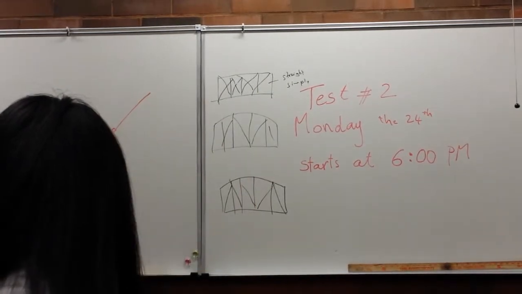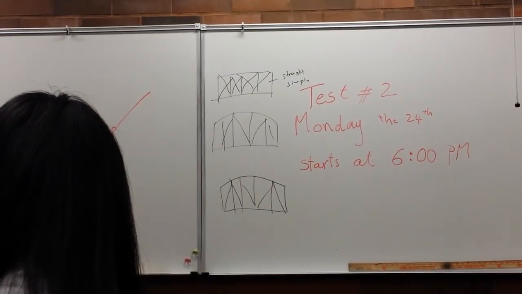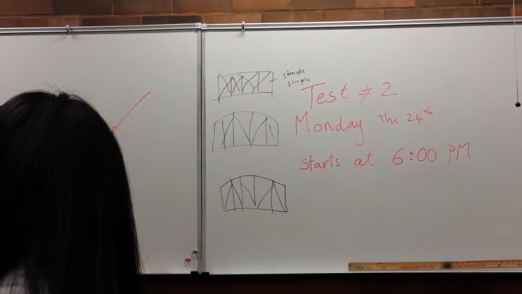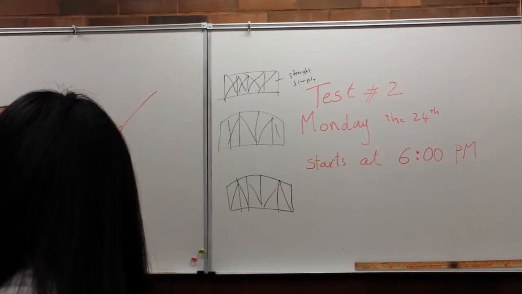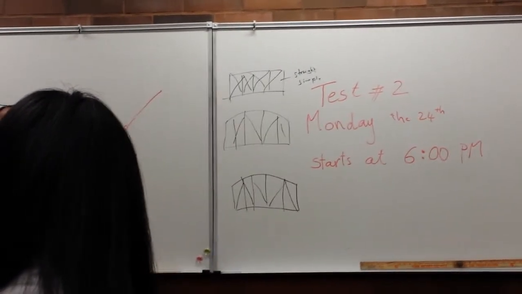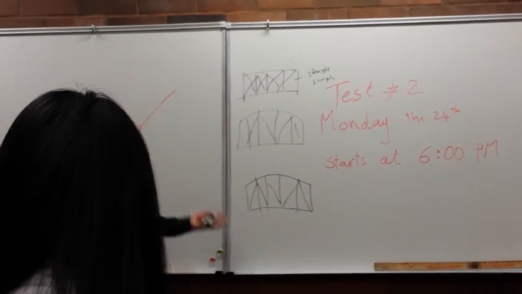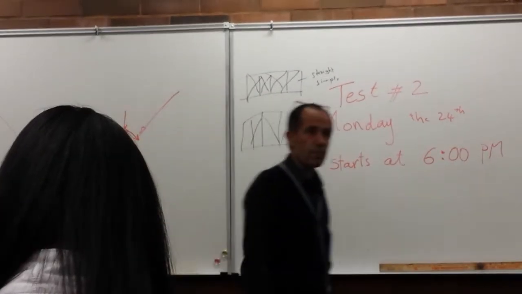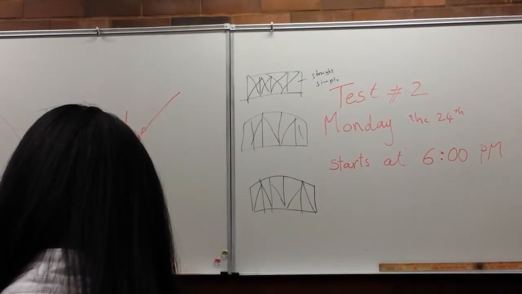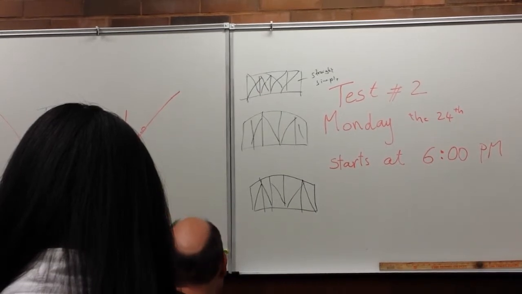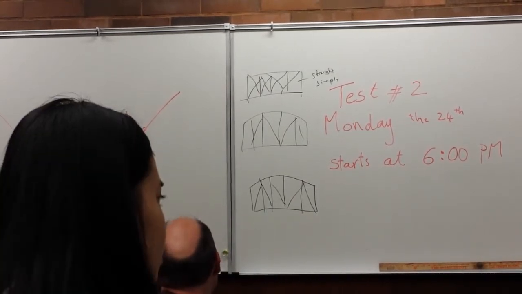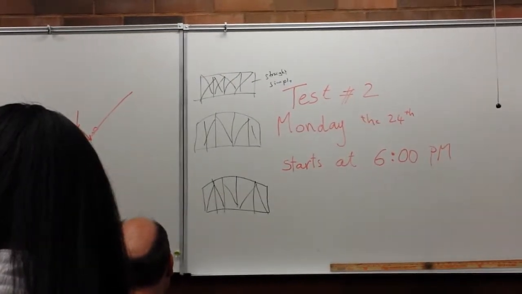Each one of them is a straight truss or simple truss. When we put them together, we call it space truss or 3-dimension truss, whatever you like to call it. Okay? So here they call it simple truss.